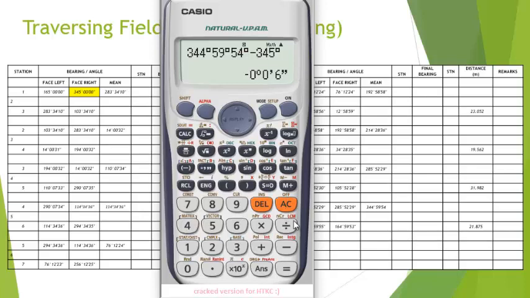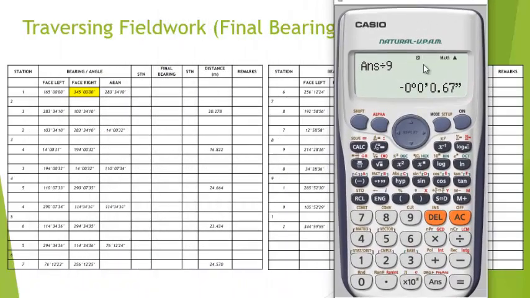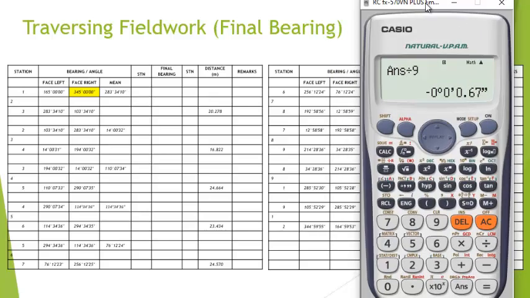So this 6 seconds must be divided by 9 stations. Altogether there are 9 stations, and the result is 0.67 seconds. This result needs to be rounded to the nearest second, but the actual value must be kept in the calculator.